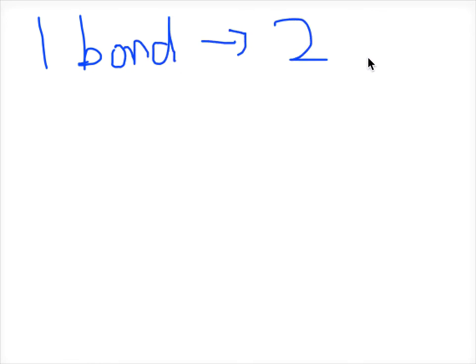Now, in one bond, there are 2 electrons, right?